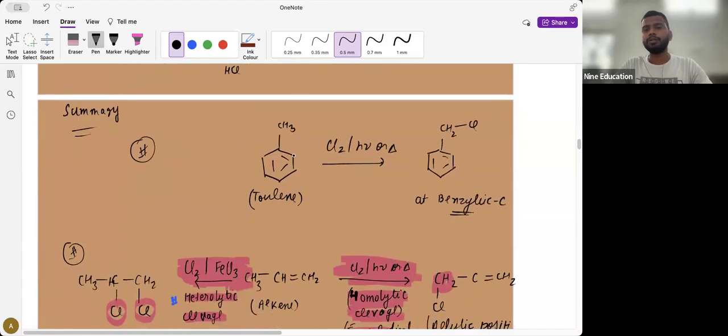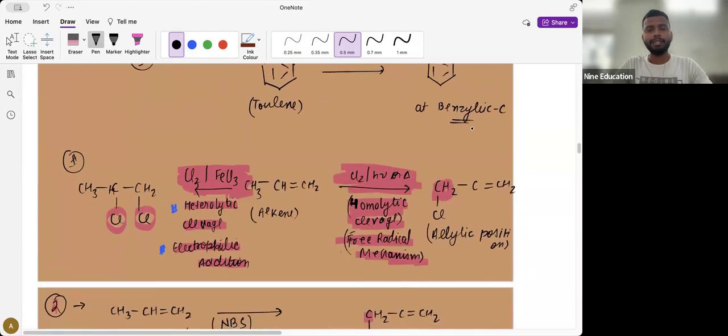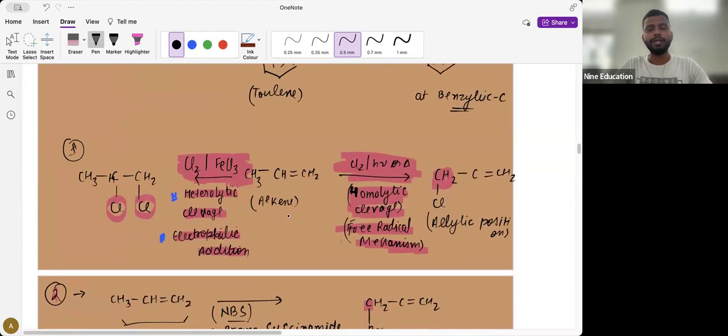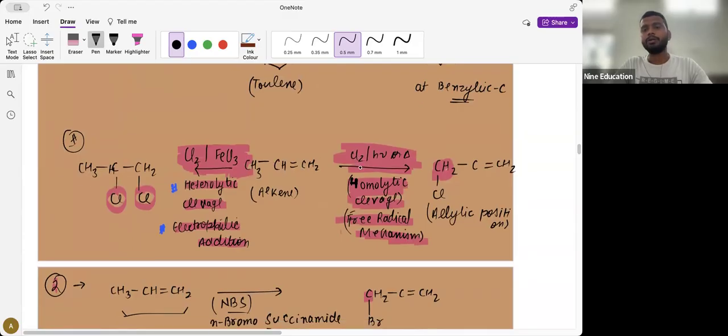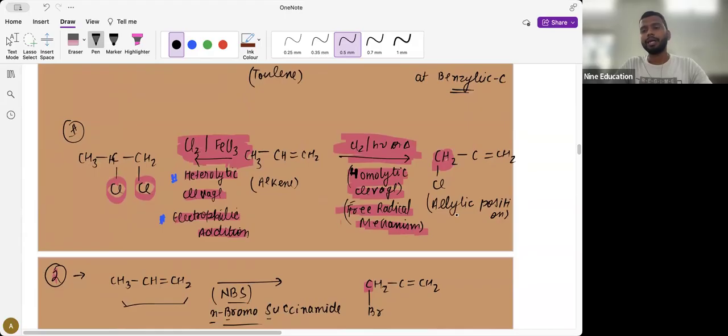Let's say we take toluene also and put Cl2 with light. The CH3 free radical will be made and Cl will come. And the important thing we have learned: if I put Cl2 with light on an alkene, Cl will come at the allylic position.